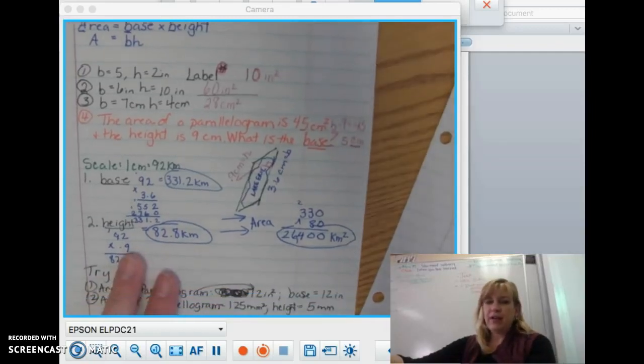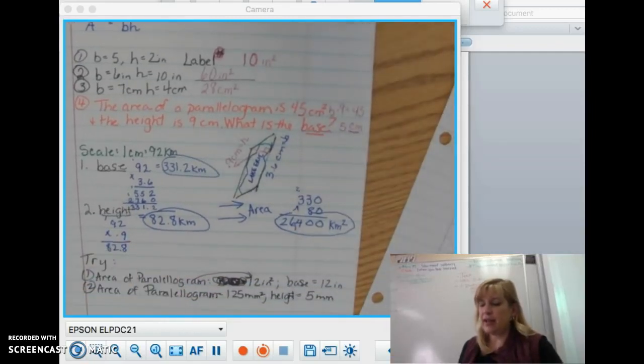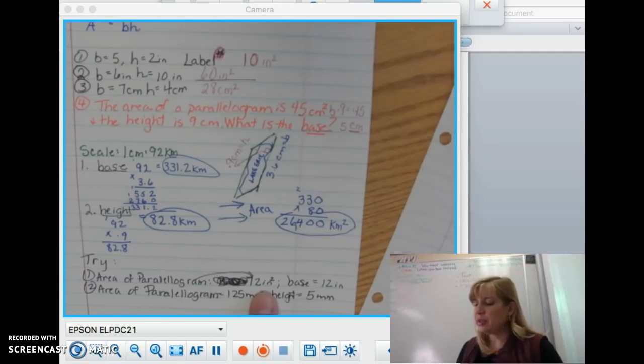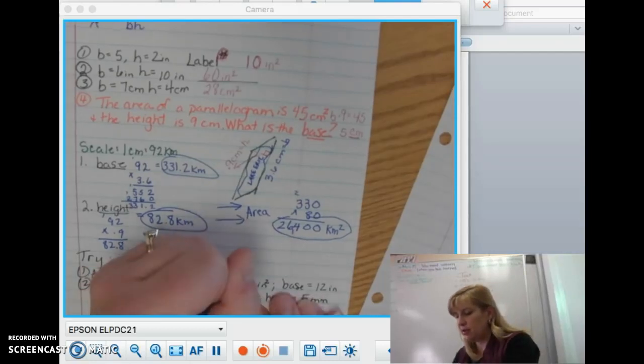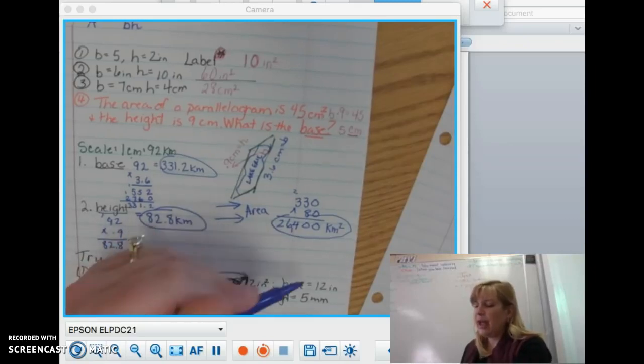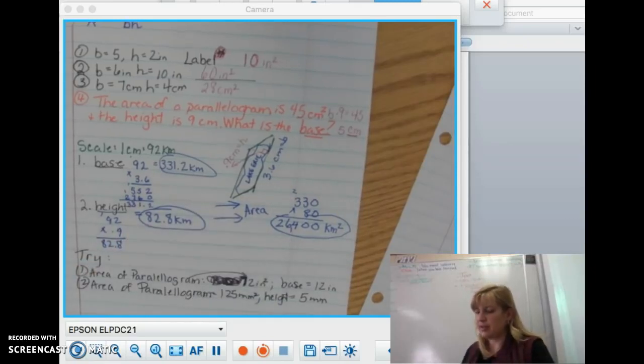All right, final thing I want to try here is if I give you an area of a parallelogram that is 72 inches squared and my base is 12 inches.